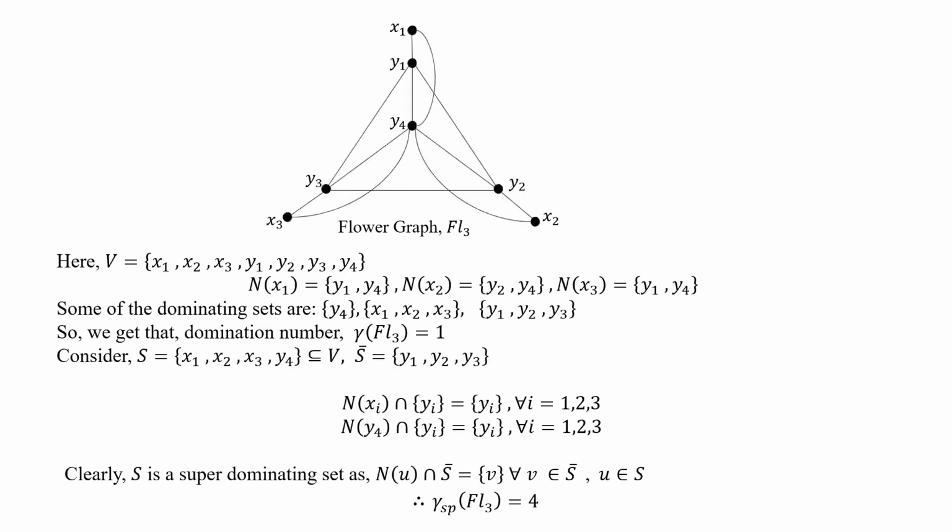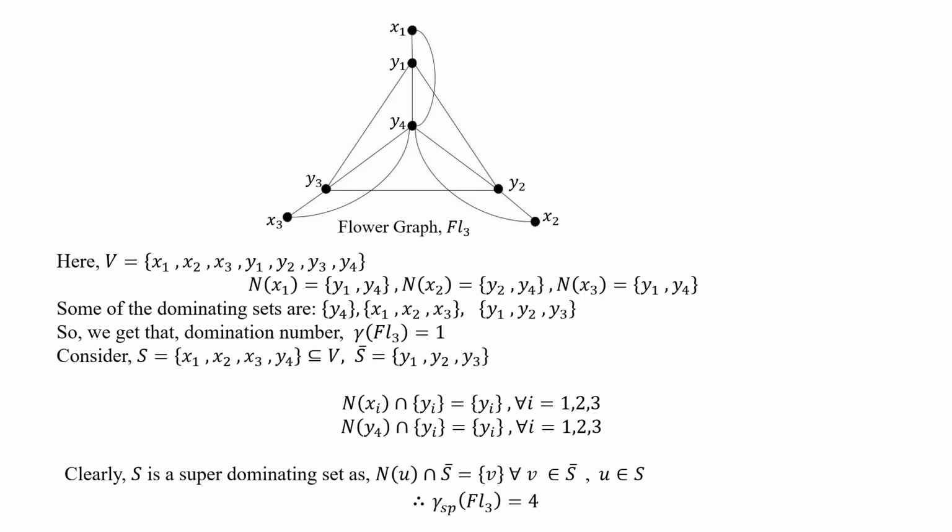Now we will see how we can calculate the super domination number of a flower graph using the example of flower graph FL3. Here the vertex set is x1, x2, x3, y1, y2, y3, y4. We find the neighborhood of the vertices x1, x2, and x3.